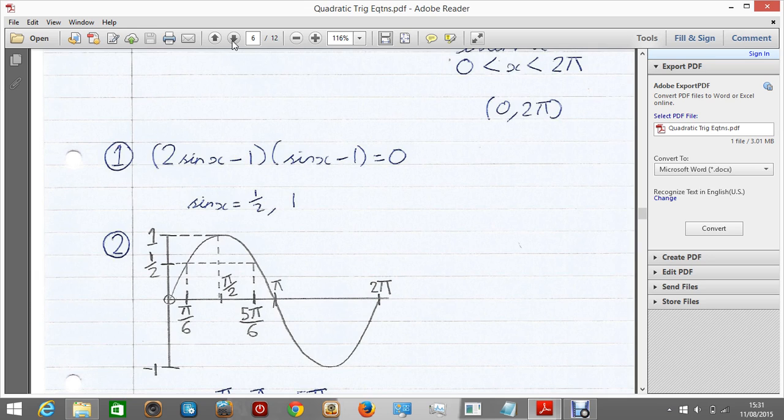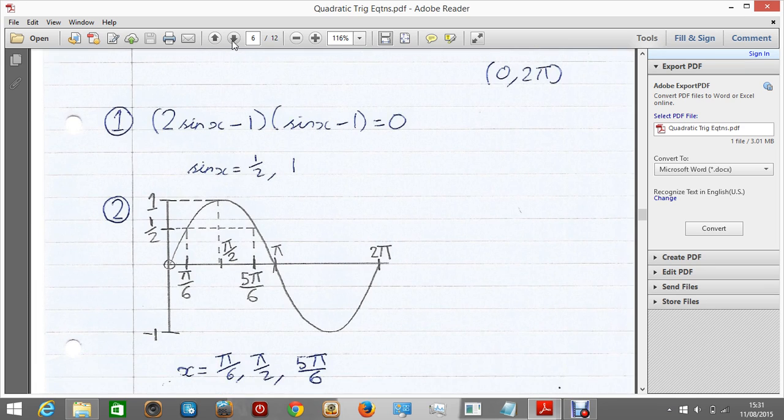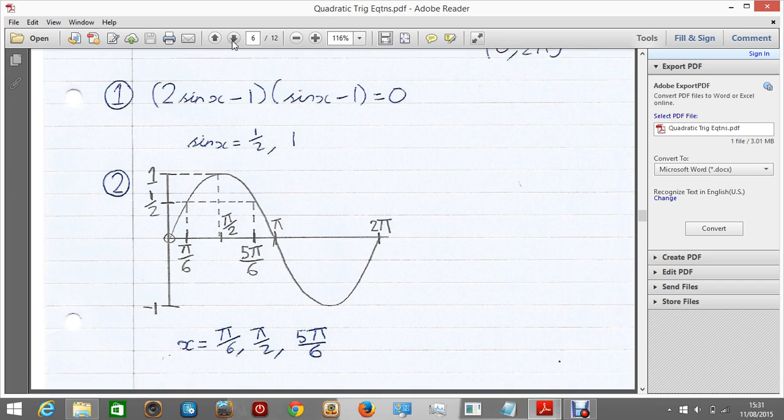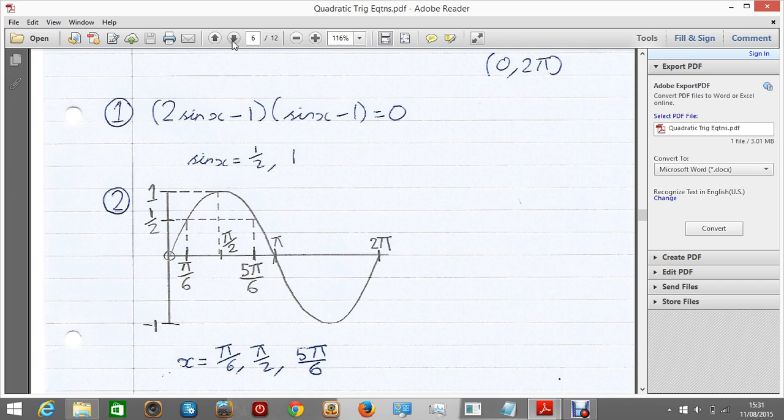But if you don't manage to remember that, most calculators have an inverse sine function. And the 5 pi over 6 simply comes from the fact that the curve has a symmetry to it. So that's fairly simple. So anyway, there you now have three values in the interval specified.